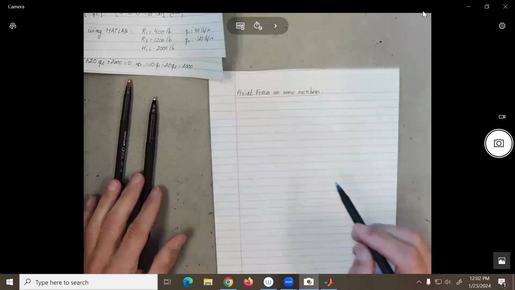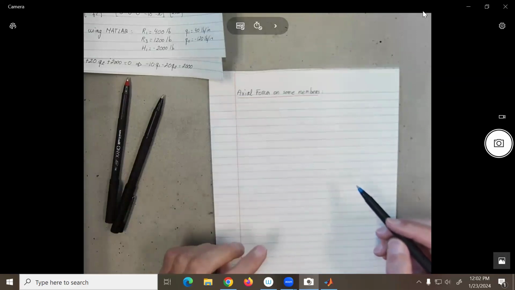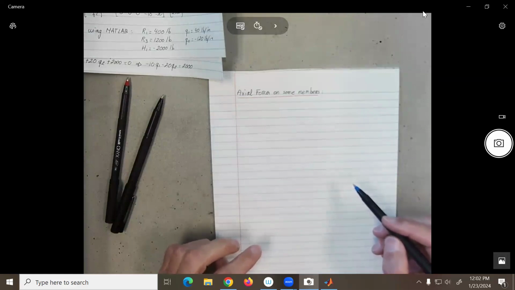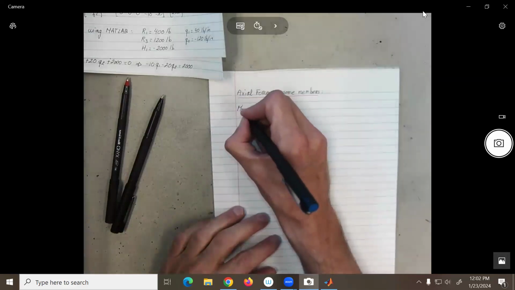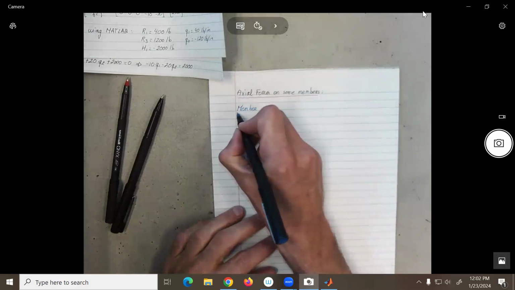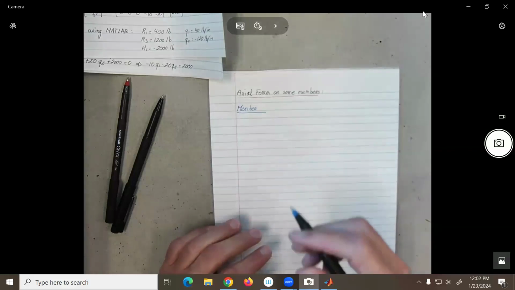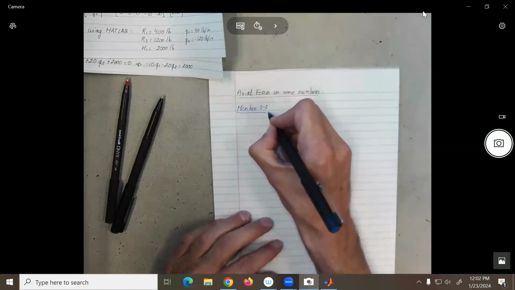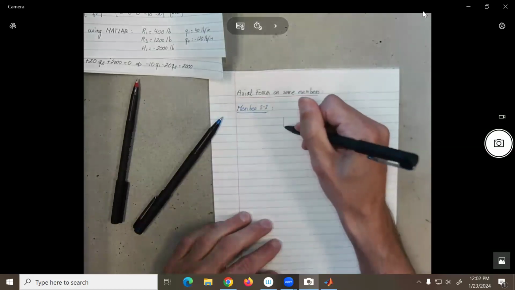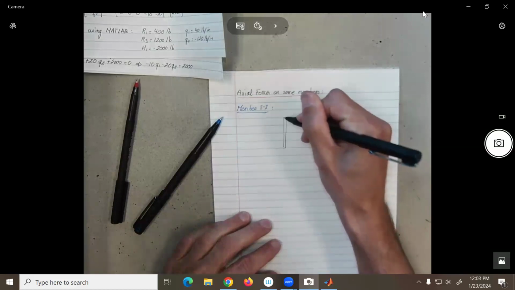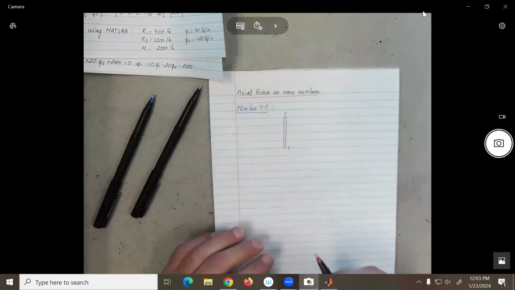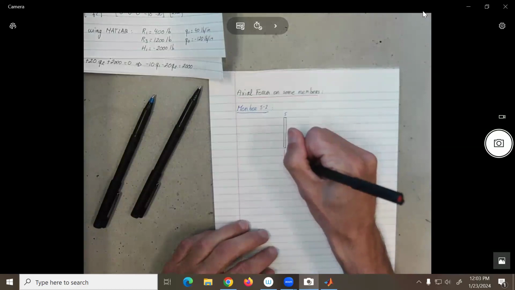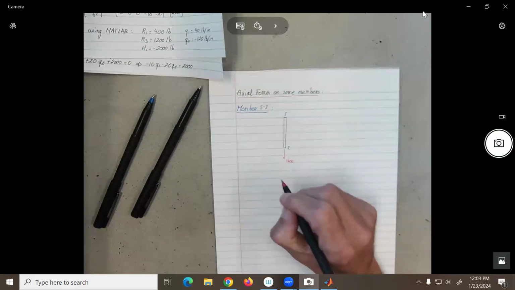Let's just do a simple one, member 5-2. If I look at 5-2 again, what did we have at 5-2? 5-2 was the one subjected to the $1,600.